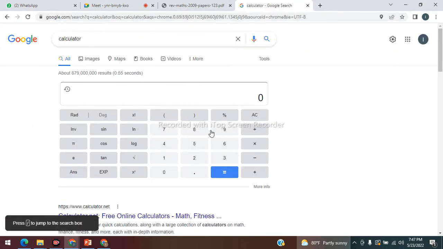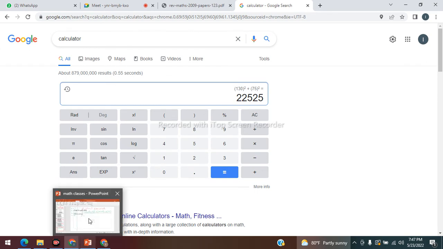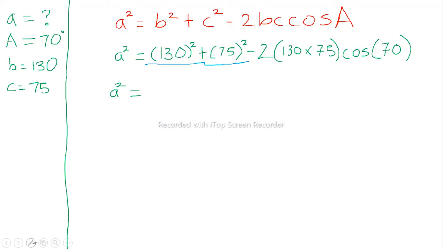So we have 130 squared plus 75 squared. That equals 22,525. Any questions on how we got that?